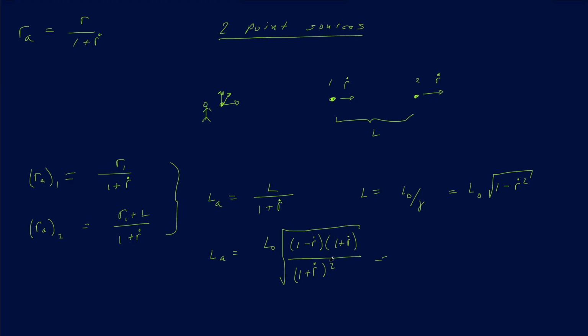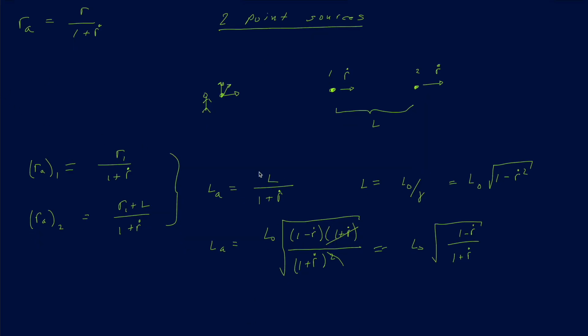And now notice this factor cancels one of these. So we just end up with L sub A equal to L0 times the square root of 1 minus r dot over 1 plus r dot. That's the key equation. Okay?